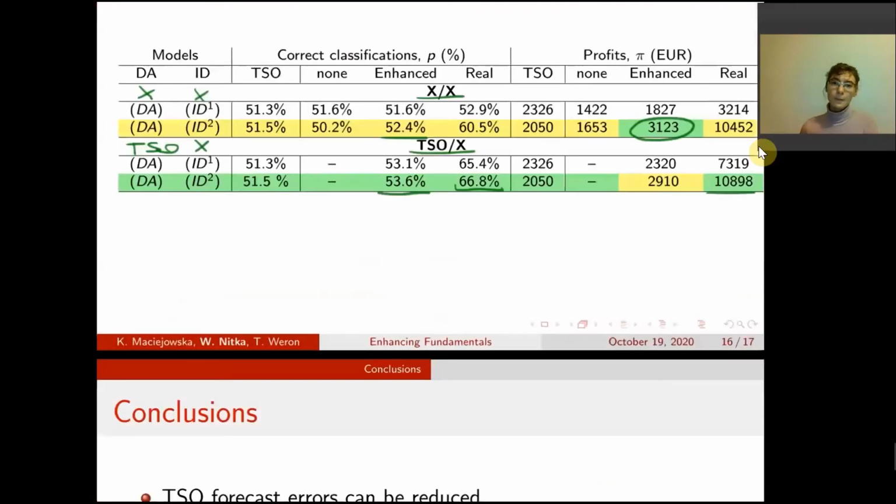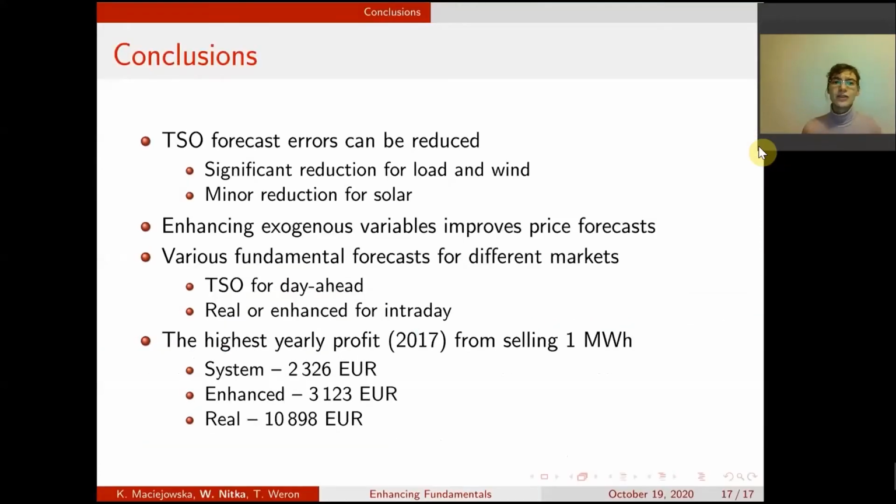However, we can conclude that the errors of the TSO fundamentals forecast can in fact be reduced, significantly so when it comes to load and wind generation forecast, with a more minor reduction for solar energy. And also this improved forecast can be used further to improve on forecasts of the prices in the electricity market, which is a very interesting topic for many researchers.